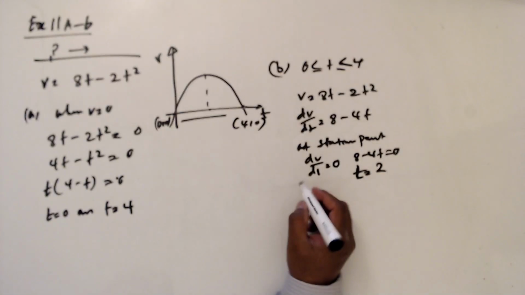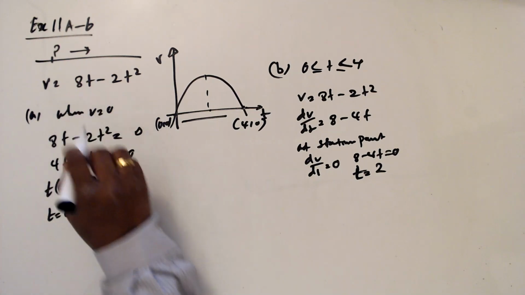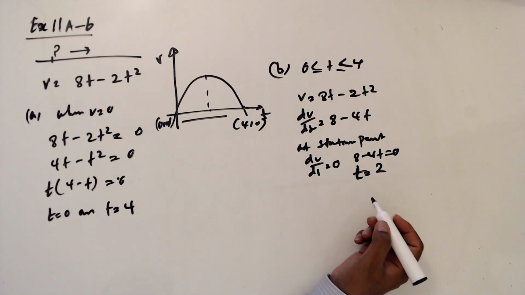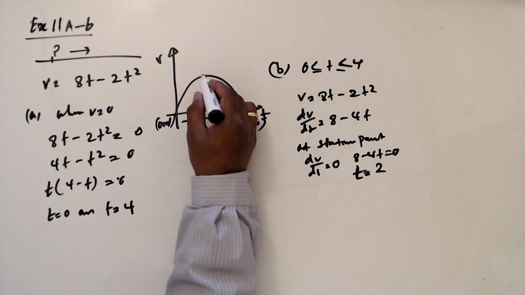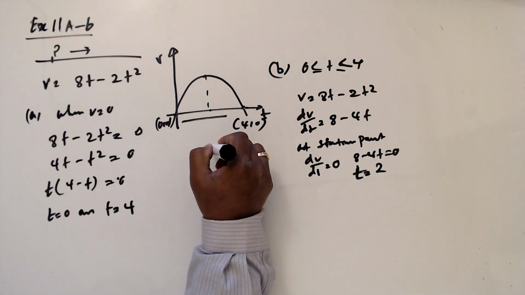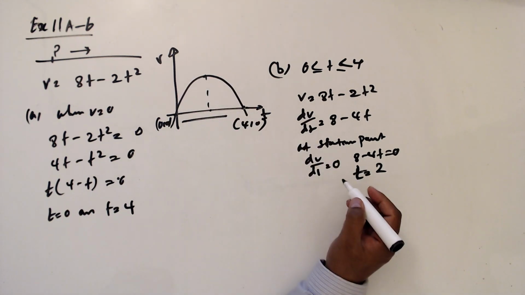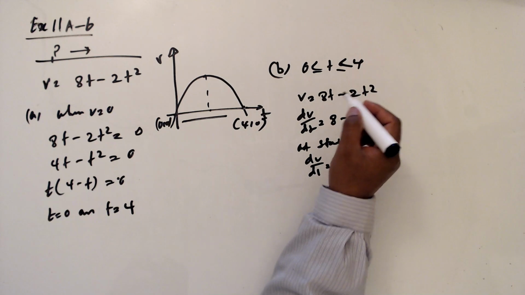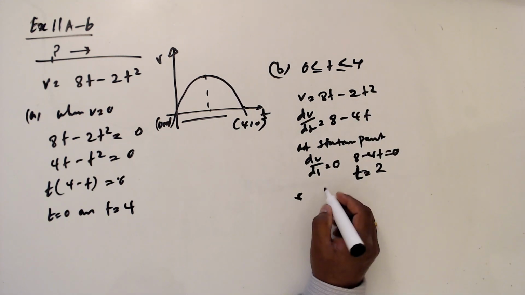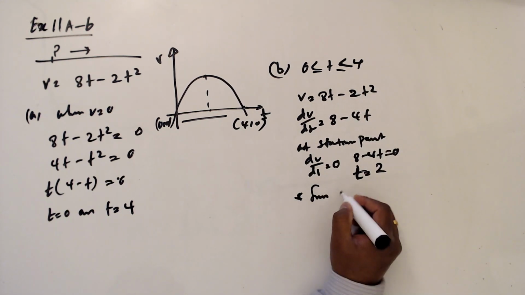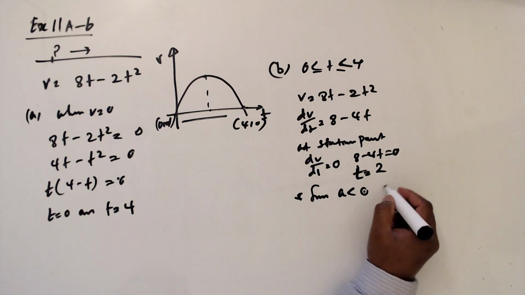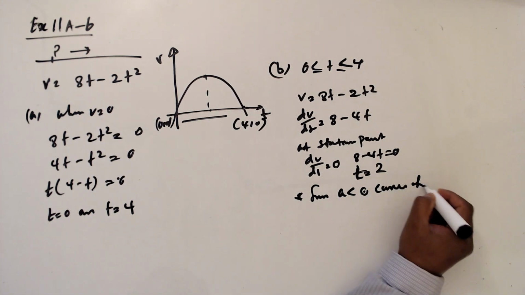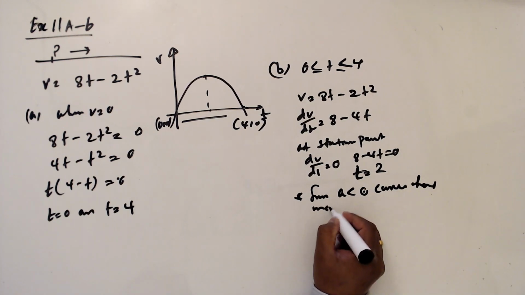So when t equals 2, we will get the highest speed, because it can be a maximum or a minimum, but since a is less than 0, the curve has a maximum.